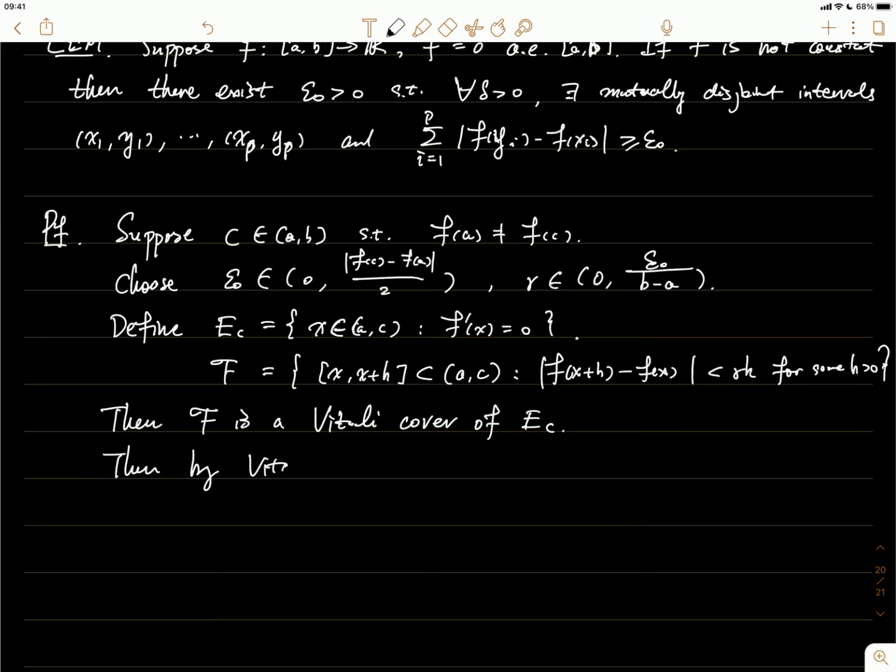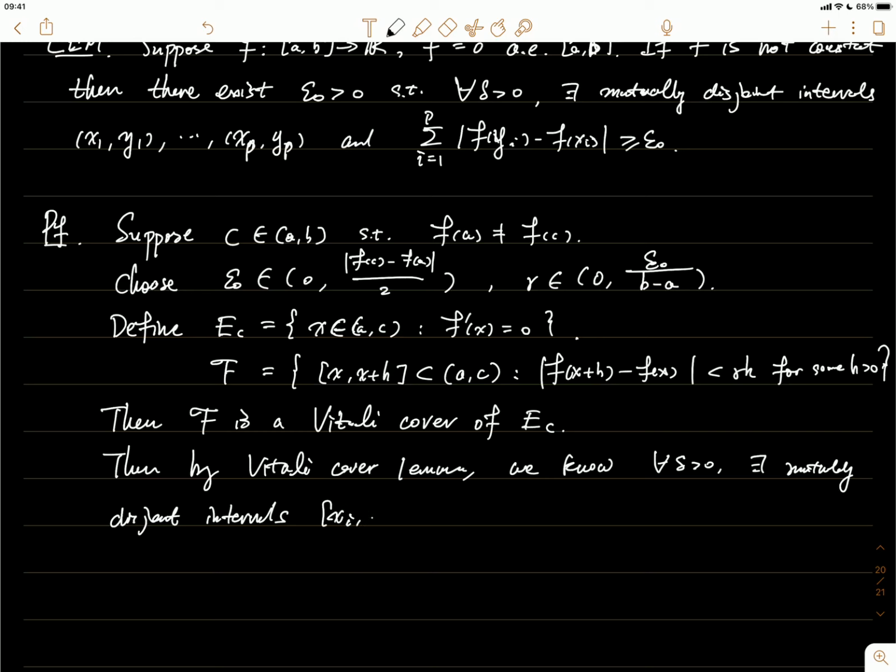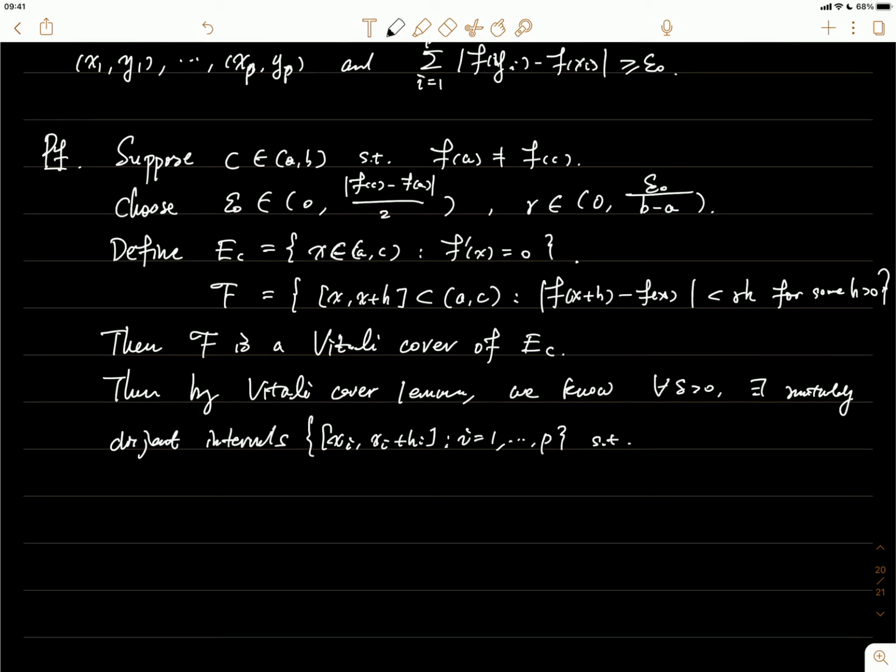By the Vitali cover lemma, we know that for any delta, there exist mutually disjoint intervals, we call them xi plus hi for i from 1 to say p, such that they're from F.